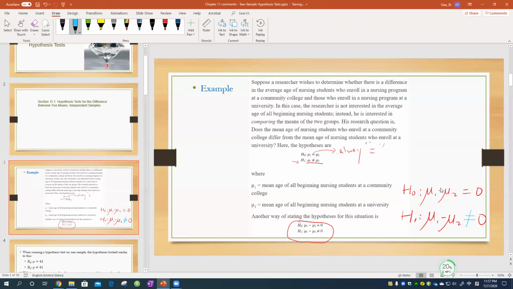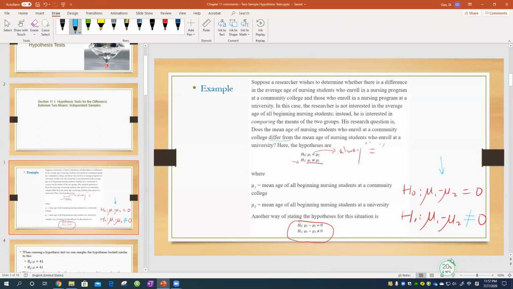Actually, for stating the null and alternative hypotheses for the two sample case, the red color part is always the same. When you set those up, the null hypothesis is always mu1 minus mu2 equals 0, and the alternative hypothesis is always mu1 minus mu2 compared with 0. The sign is determined by the question.